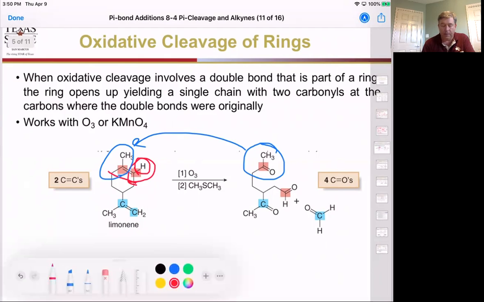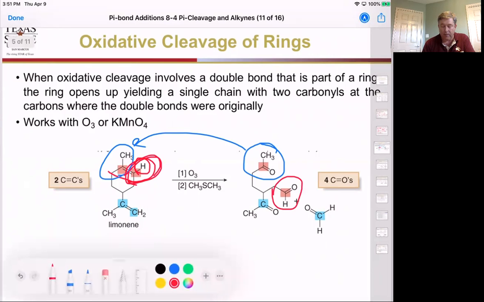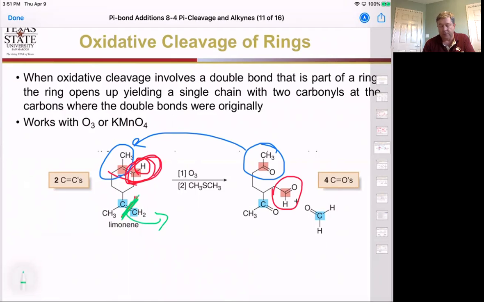The one with the hydrogen on it turns into the aldehyde here. And the one here that is isolated, this part's going to go off as CO2, or this is going to go off as formaldehyde. And then the other half is going to be this ketone here.